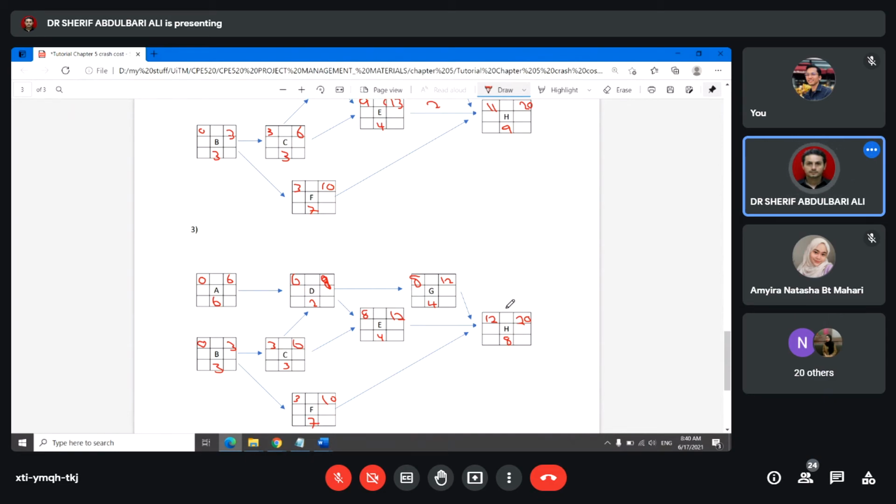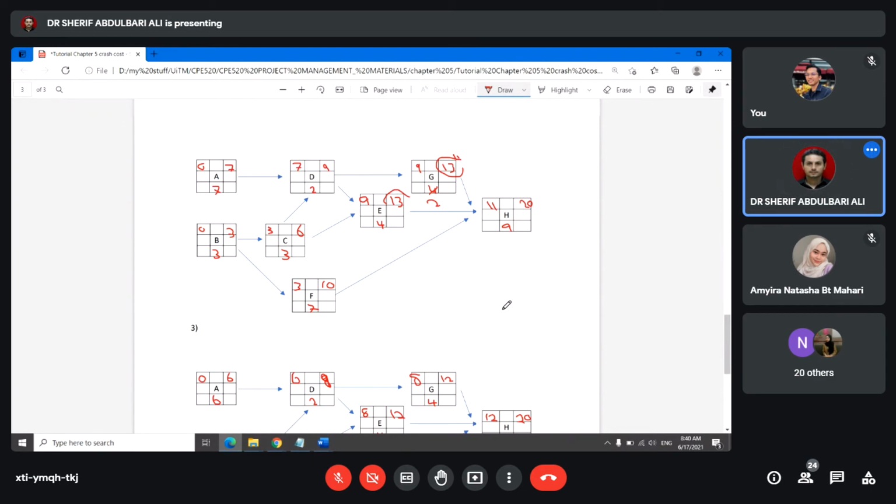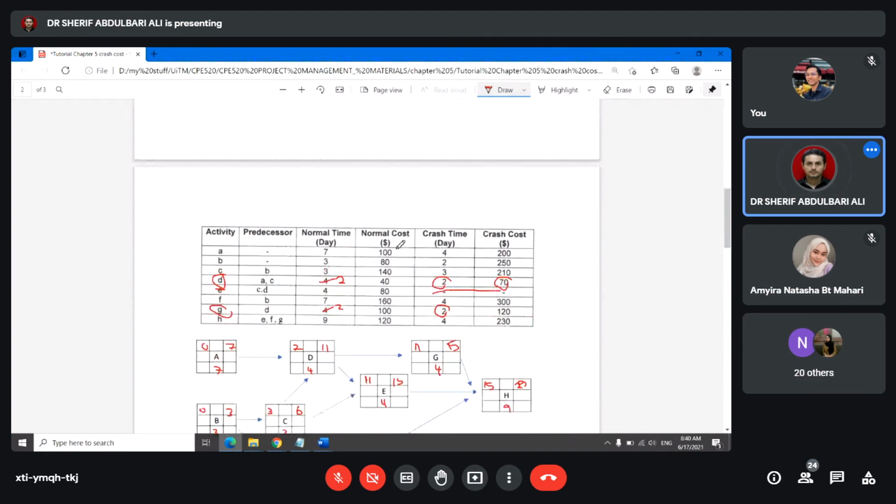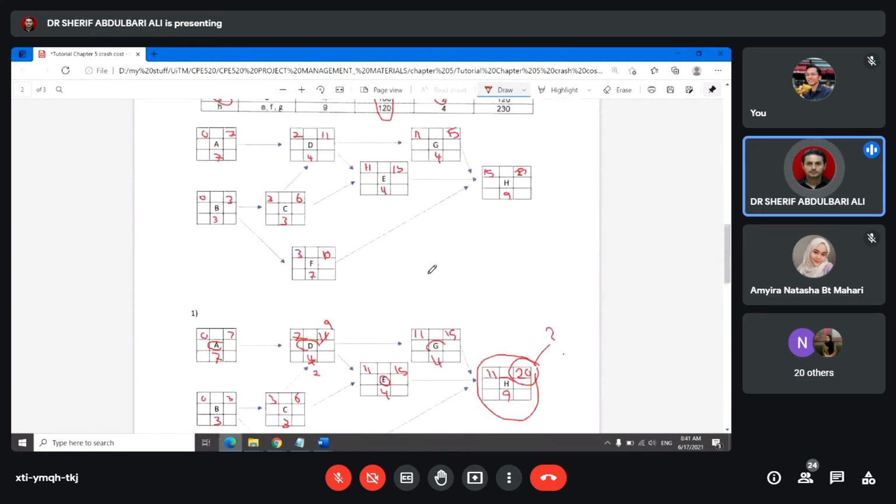Okay, so what you have done in here now, you need to see your total cost. What's the total cost for your project for the normal cost? So you're going to make the total of this. So it's equal to 880.